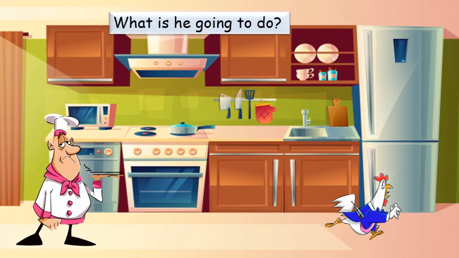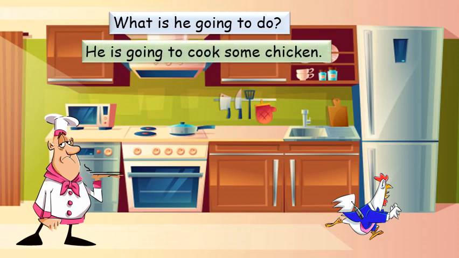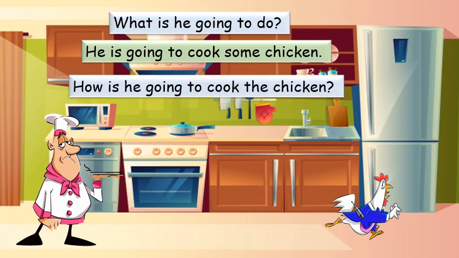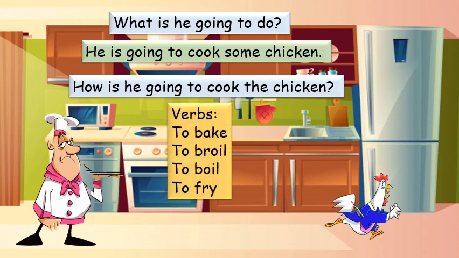What is he going to do? He is going to cook some chicken. How is he going to cook the chicken? Here are the verbs for cooking: to bake, to broil, to boil, to fry.